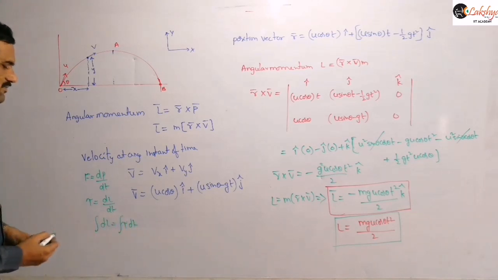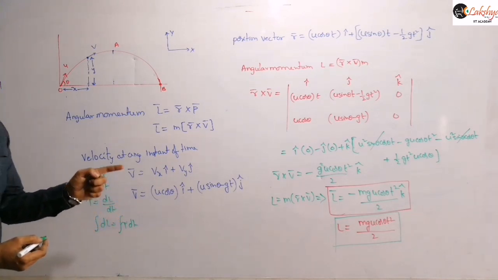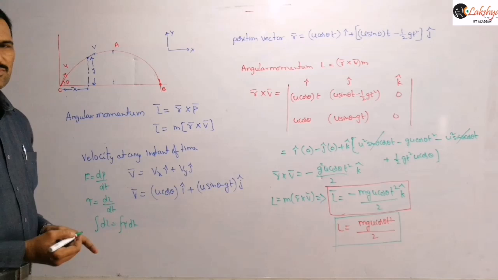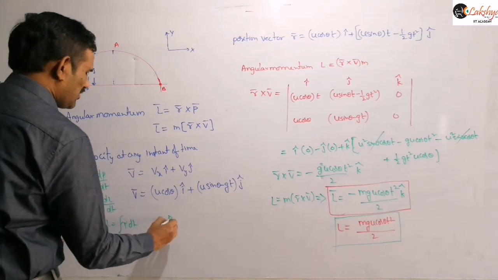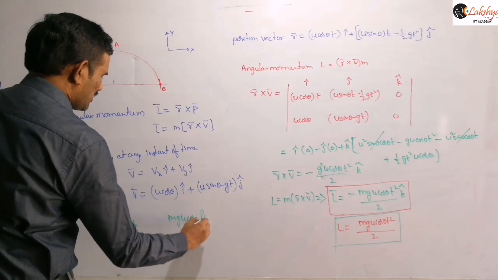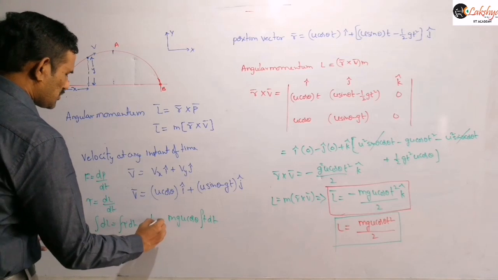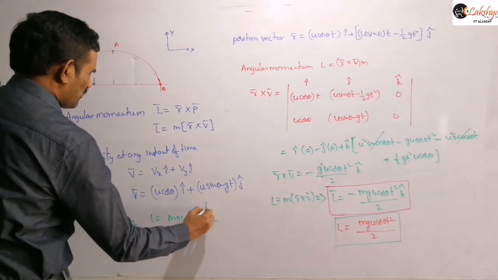We already got the torque equation as mg into u cos theta into t. So we just need to integrate mg into u cos theta into t dt, and this integration gives the total angular momentum from 0 to t.